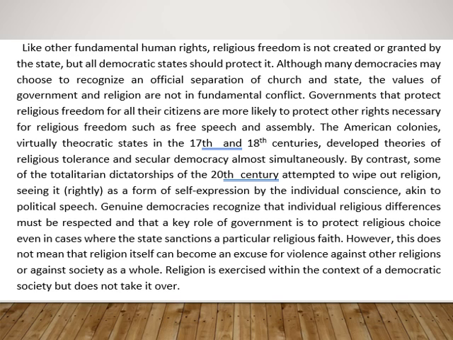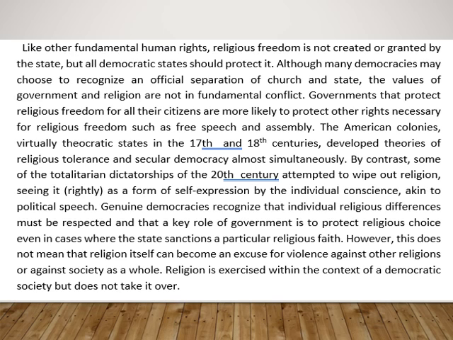Governments that protect religious freedom for all their citizens are more likely to protect other rights, such as free speech and assembly, for example.